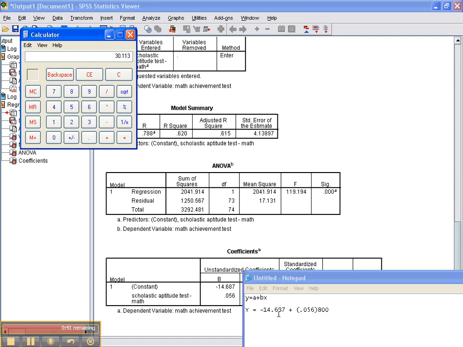Okay. So for someone with an 800 on the SAT, we would expect them to have a math achievement test score around 30.